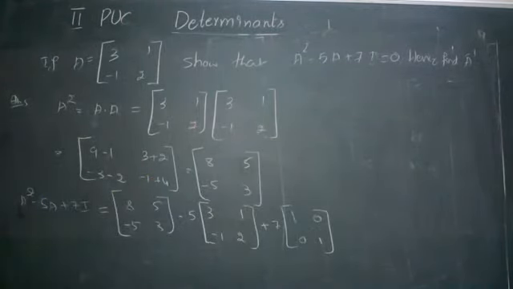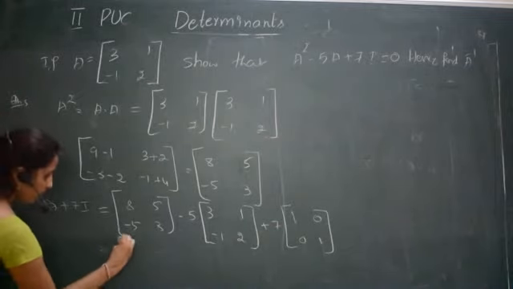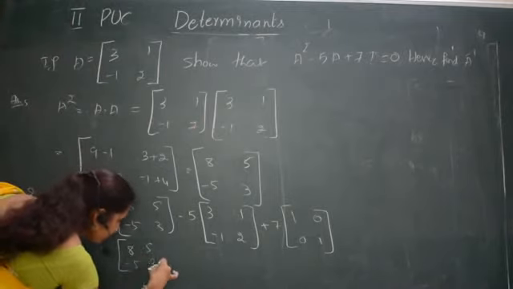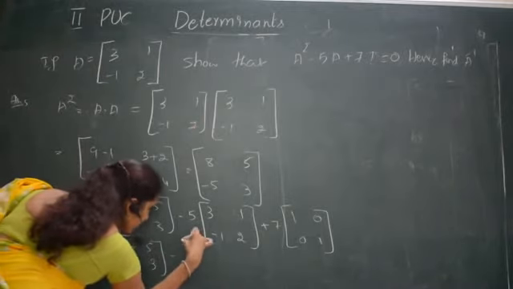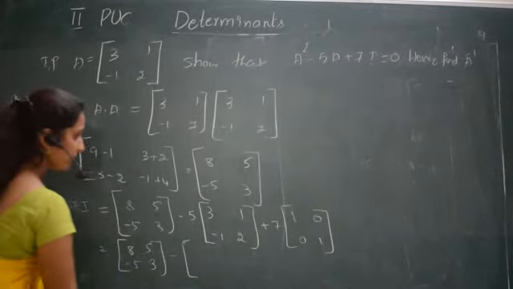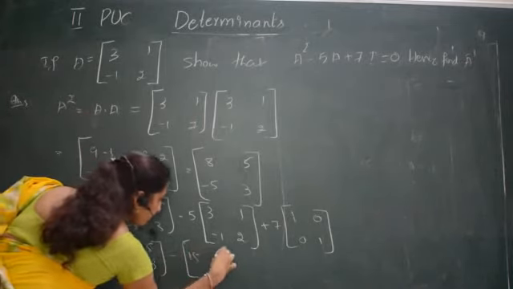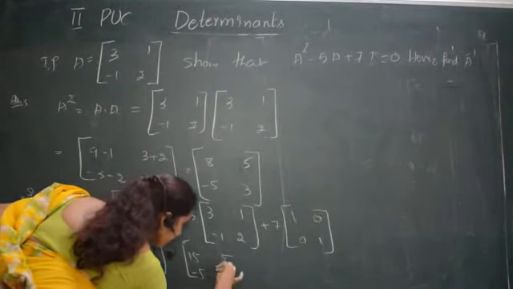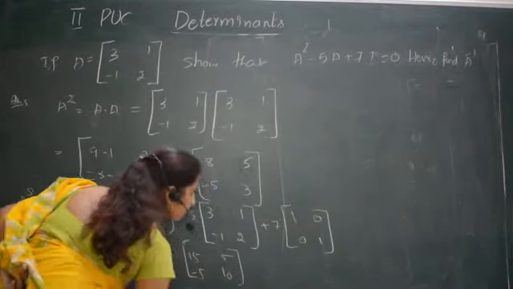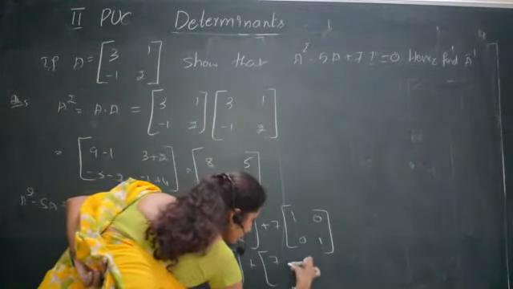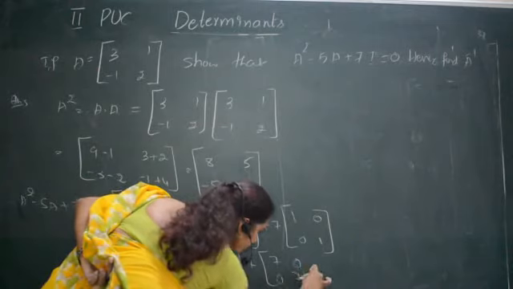So this will be equal to [8 5; -5 3] minus [15 5; -5 10] plus [7 0; 0 7].